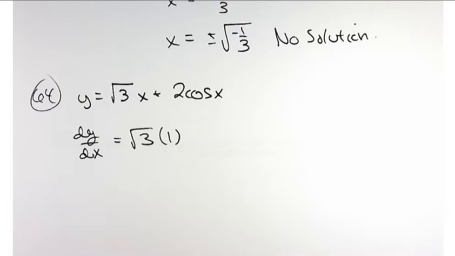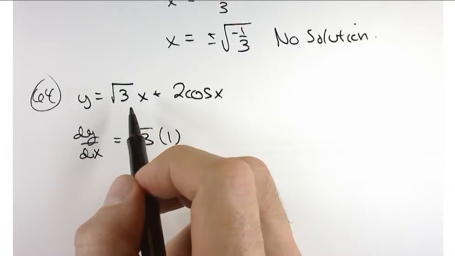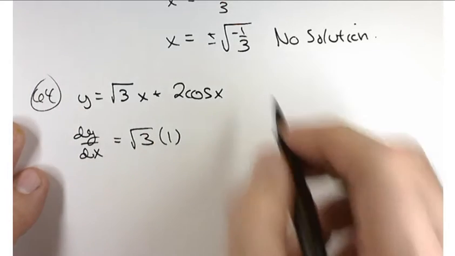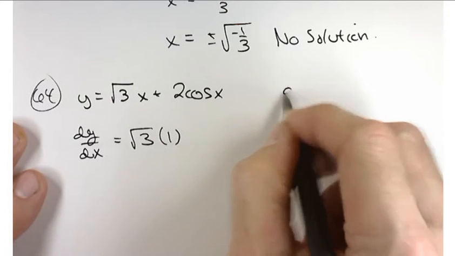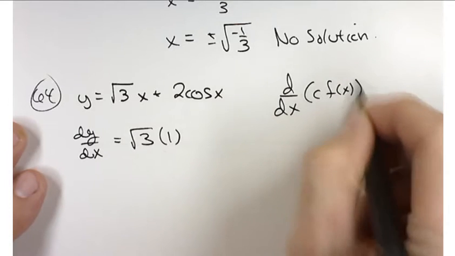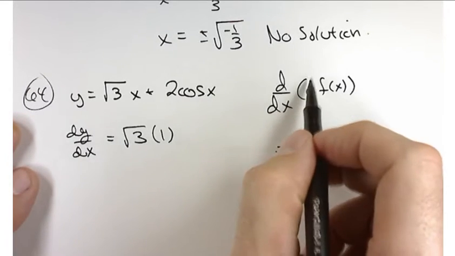Well, we'll see a little bit more about this later on when we do the product rule. But as far as differentiating is concerned, when you have d by dx of a constant times a function, one of the rules that we saw the other day is we're going to take that constant out.